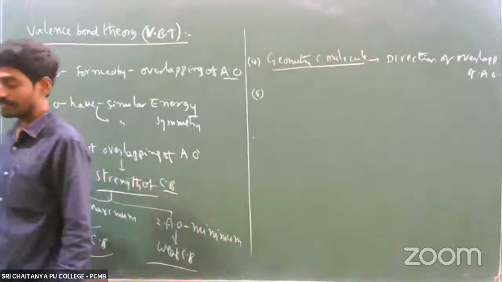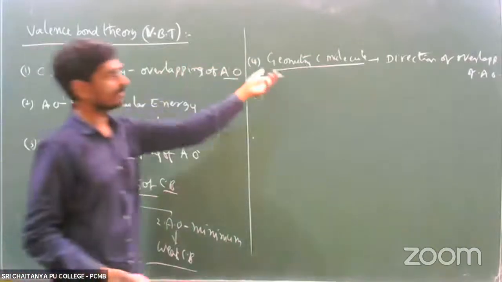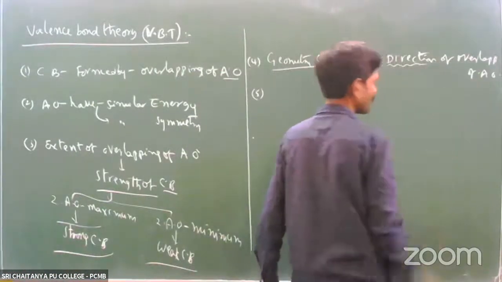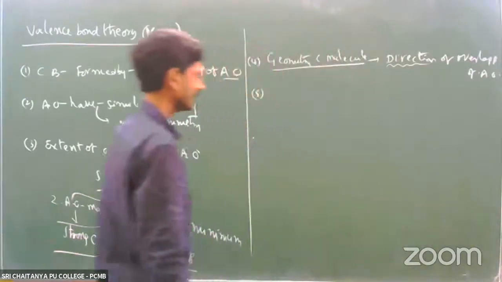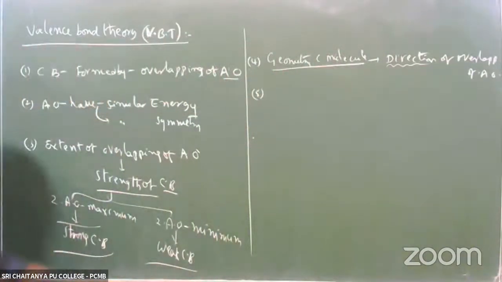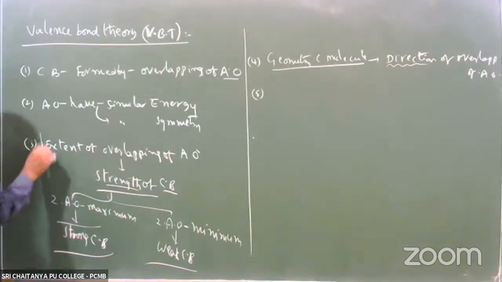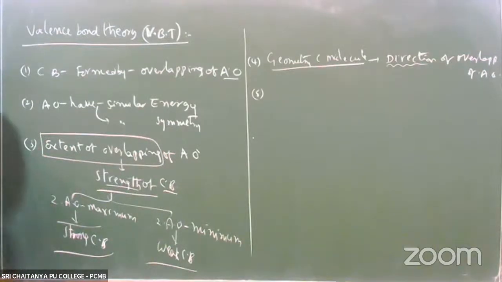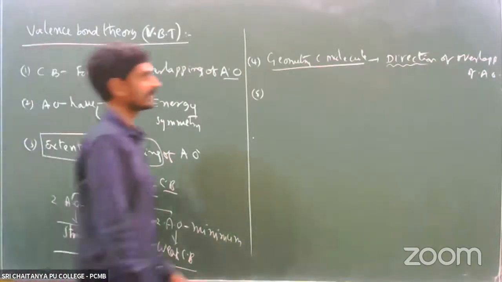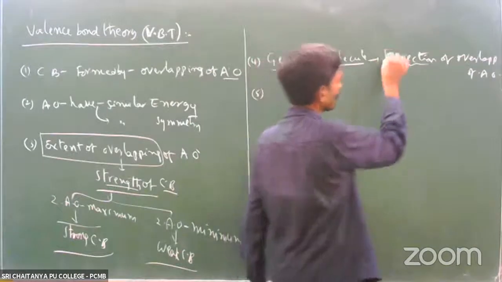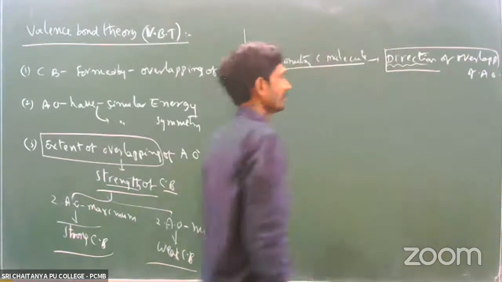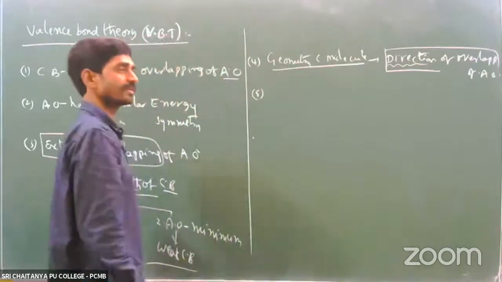The strength of the covalent bond is decided by the extent of overlapping, and the direction of overlapping decides the geometrical shape of the covalent molecule, right?